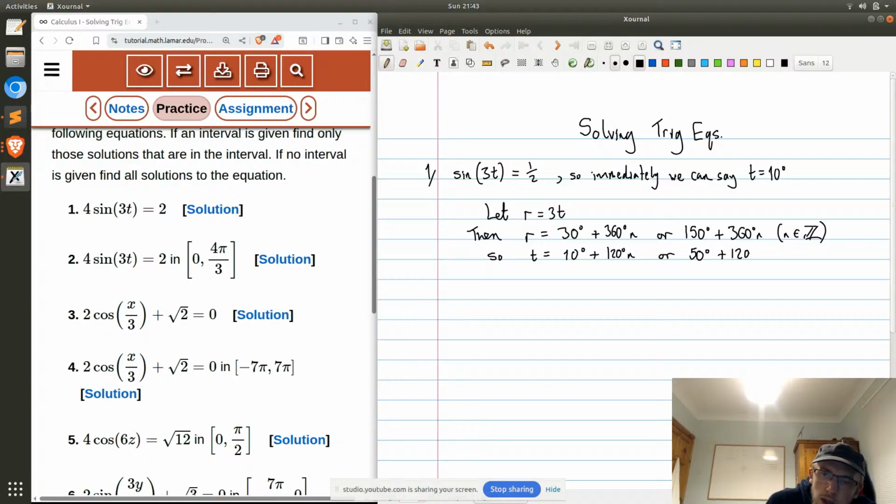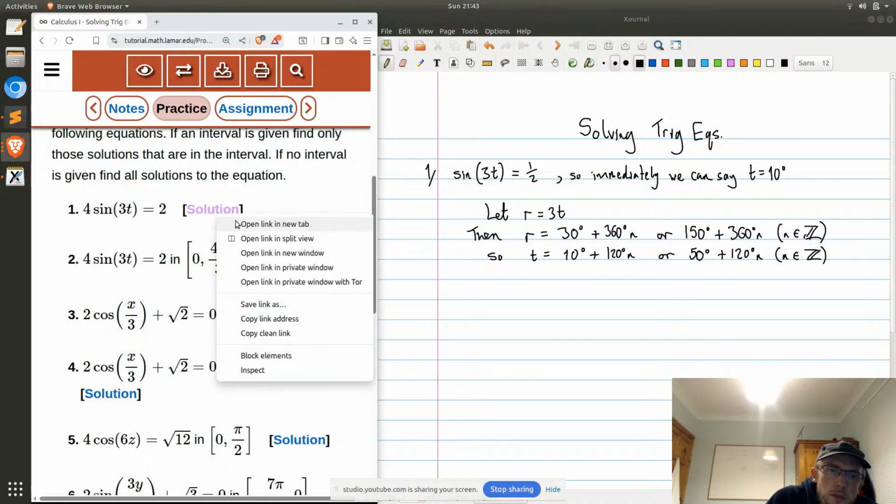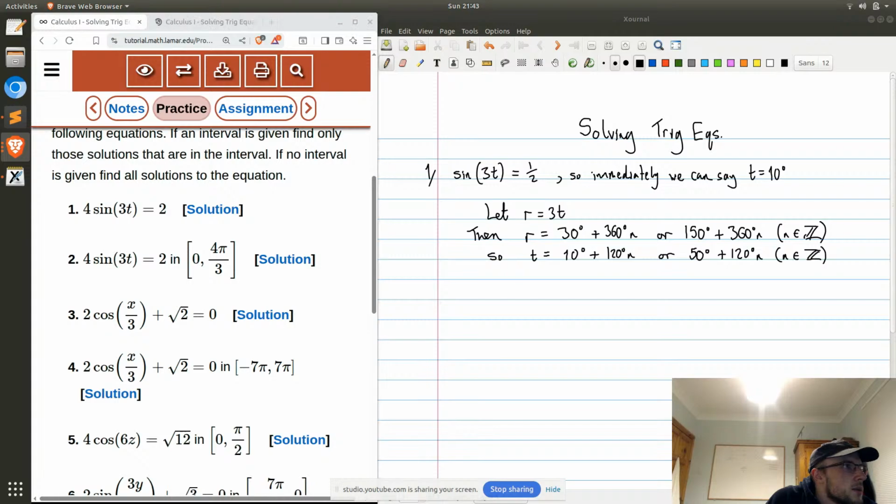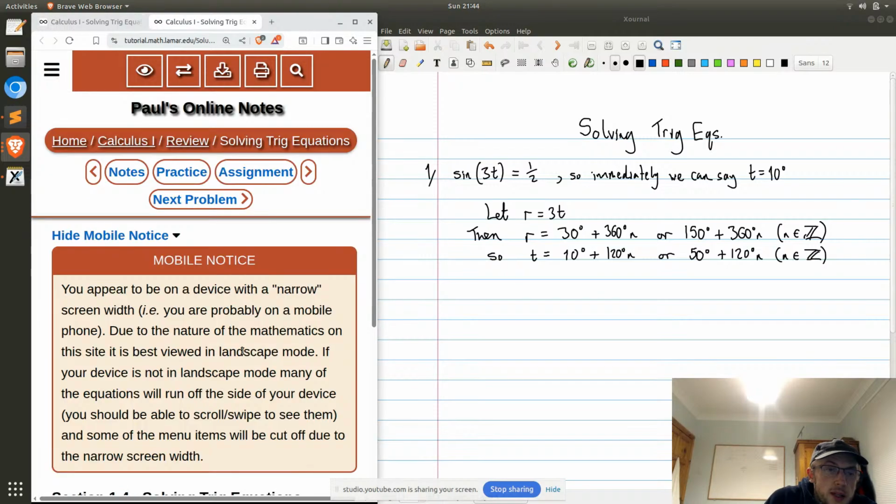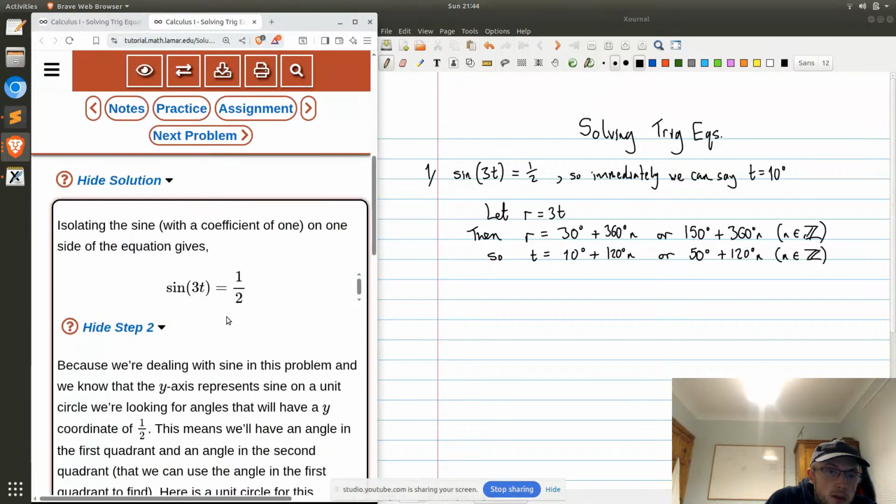Plus 120n. So I think that's how you do it. We're going to really defeat these and take them slowly and seriously.